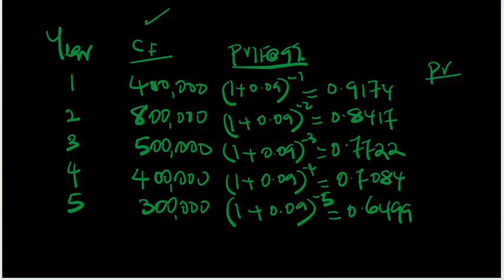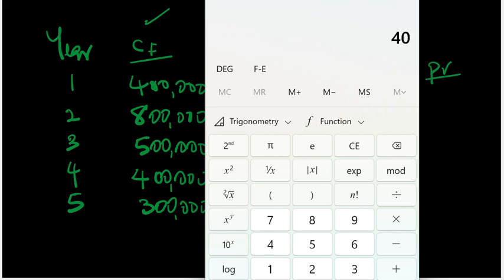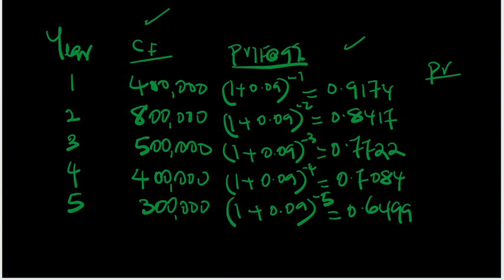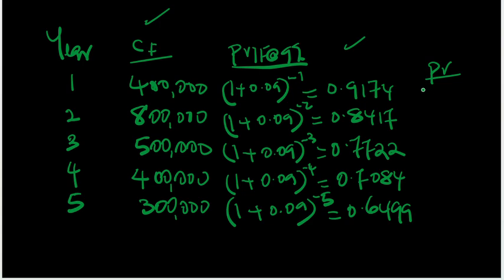So I proceed and get the present value of the cash flows. The present value is the actual cash flow multiplied by the present value interest factor. The first one is 400,000 times 0.9174. That is 366,960.